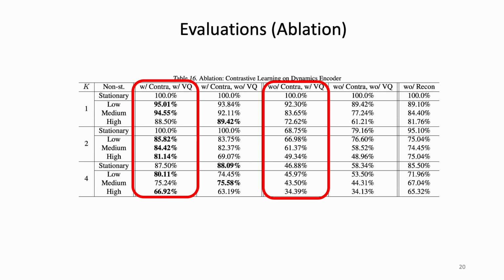Furthermore, through the evaluation study, the contrastively trained dynamics encoder improves the performance by 20% in average success rate compared to the dynamics encoder trained without contrastive learning.